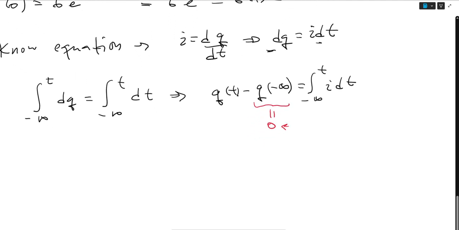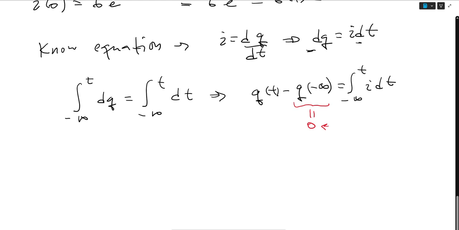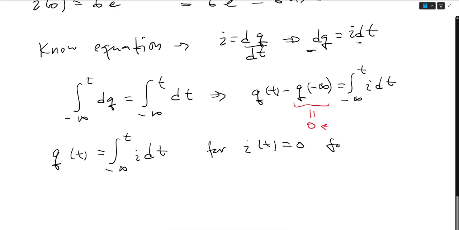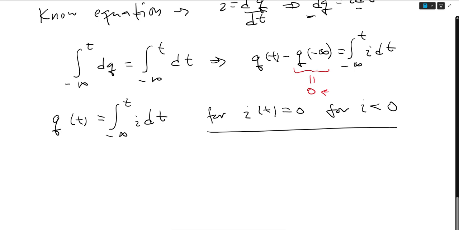So what we can simplify and say now is that we have a generalized equation that says q of t equals the integral from negative infinity to t of I dt. And for I of t equals 0 for t less than 0, we don't need the infinity.